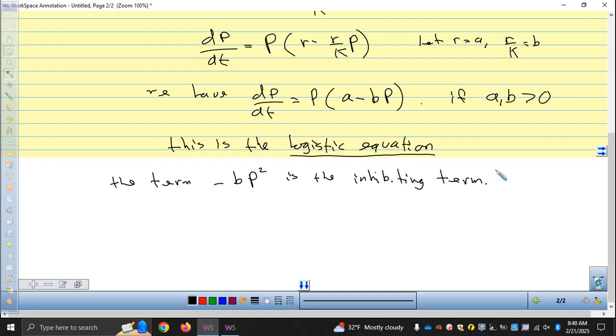And it describes the effect of things that are detrimental to the population growth. So overcrowding, lack of food, pollution, waste buildup, that kind of thing. That's what this negative b p squared has to do with those kinds of things which would limit the population growth.